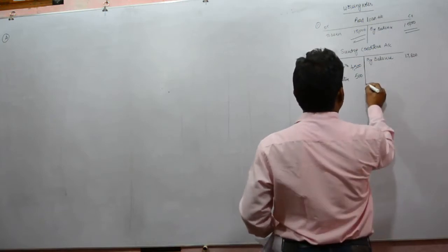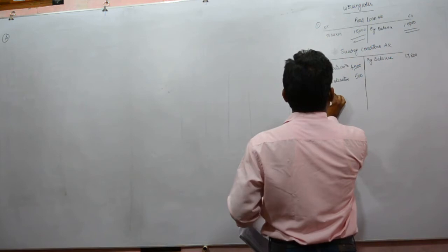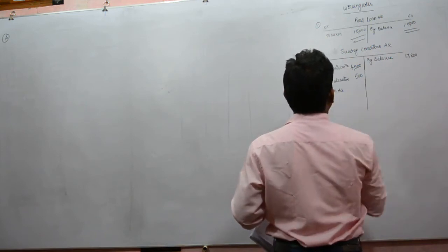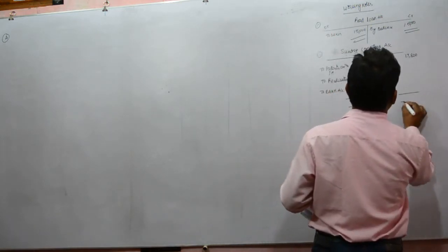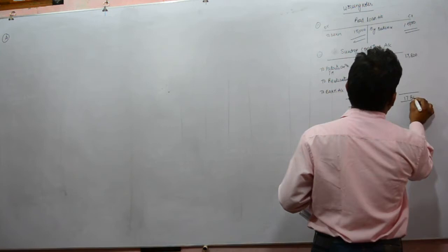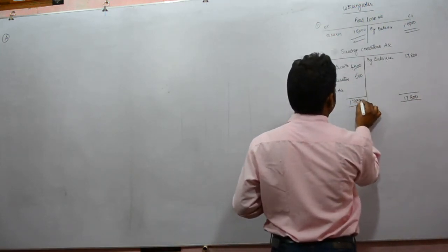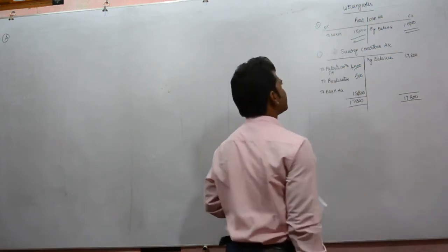We have to transfer that to the realization account and the remaining balance has to be paid to this sundry creditors, that is 17,800 less 5,000, 12,800.